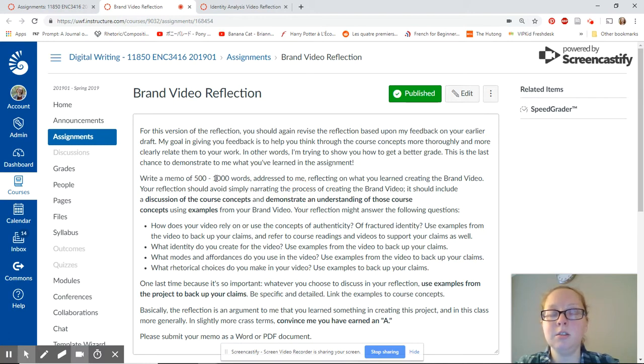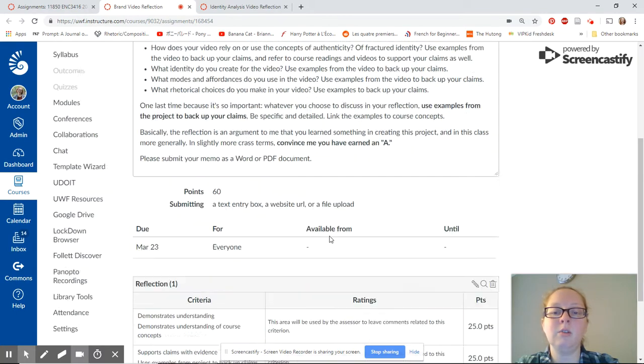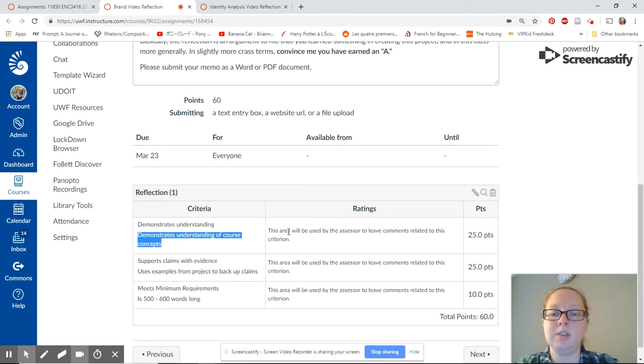But it's good to remember that 1,000 words is more likely to develop a more thorough understanding of the course concepts than 500 words. If you go over 600 words, it'll be fine. It'll take longer for me to grade, but that's okay. That is something I'm willing to do for you to demonstrate that you understand the course well and thoroughly to me.